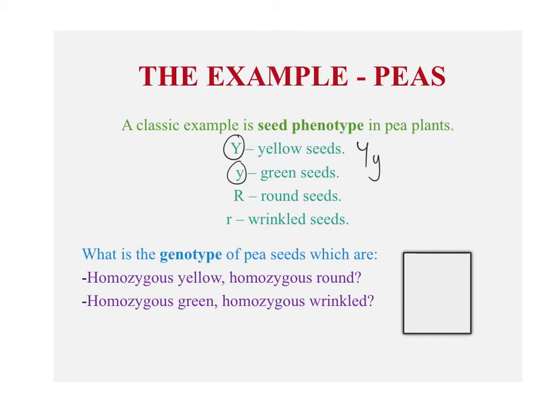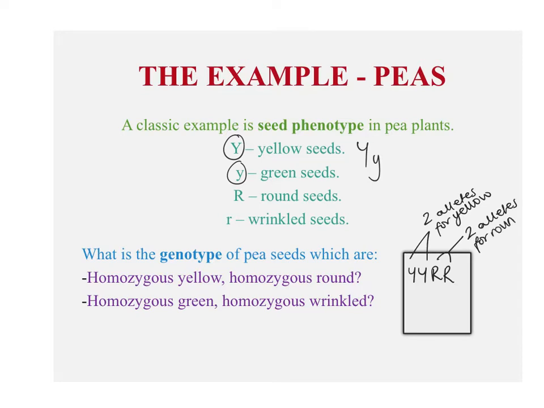And pause now. So hopefully you should have been able to recognise that for homozygous yellow, that first pea is going to have two big Ys. And the fact that it's homozygous yellow and homozygous round means that its genotype is going to have two alleles for the yellow, and we can say that it's homozygous dominant for colour, and two alleles for roundness.